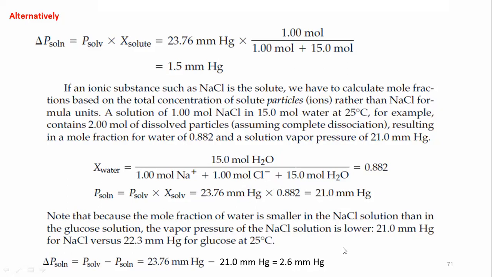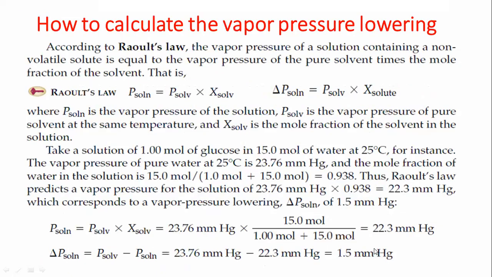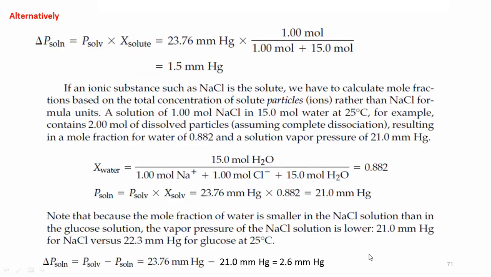So there is a very important conclusion about what is happening with 1 mole of the glucose in 15 moles of the water and 1 mole of the sodium chloride in the same 15 moles of the water. In case of the sodium chloride, the lowering of vapor pressure is more as compared to the glucose, where the lowering of vapor pressure is 1.5 mm of mercury.